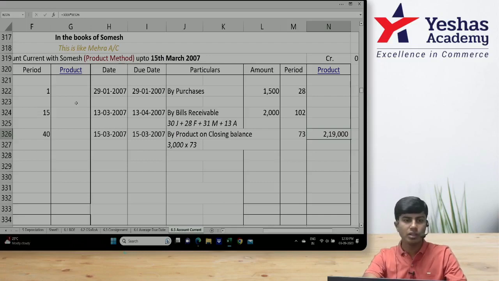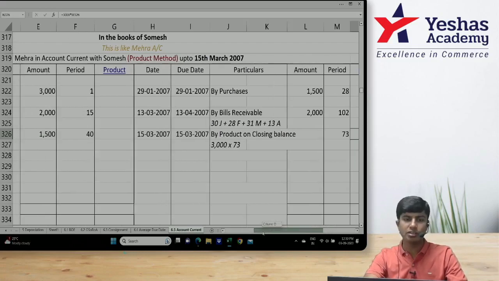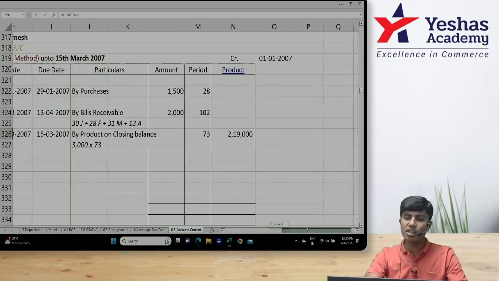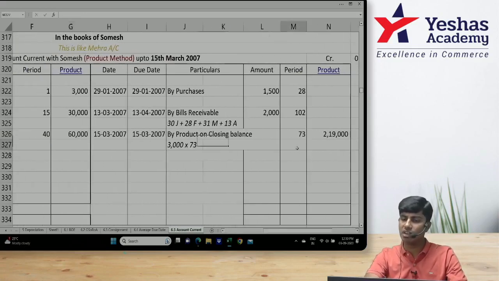Done. Now we'll find individual products. Shall we? Okay. Individual product. Here 3,000 into 1. 2,000 into 15. 1,500 into 40, 60,000. If in case you see some other book, they have taken 74 here, it is okay. It is 1,500 into 28. Here 2,000 into 102, 2,04,000. Now, on the credit side the total is more.